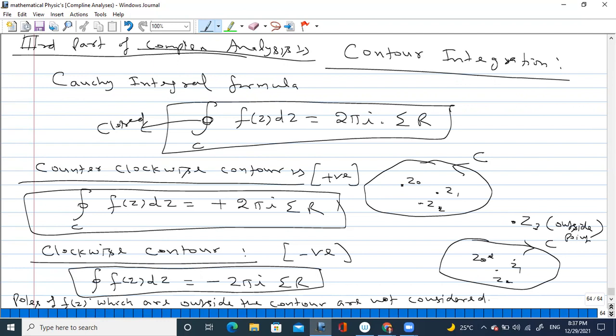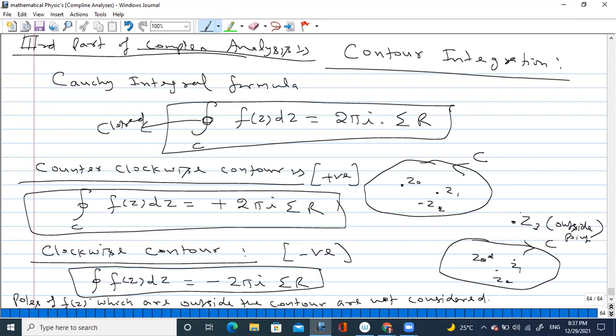Sir, is the third case from the Cauchy integral theorem, or any other theorem? That's the outside pole, sir. That one is not considered following the Cauchy integral theorem, right? Yeah, for the Cauchy integral theorem, no residue will be added for the outside pole.